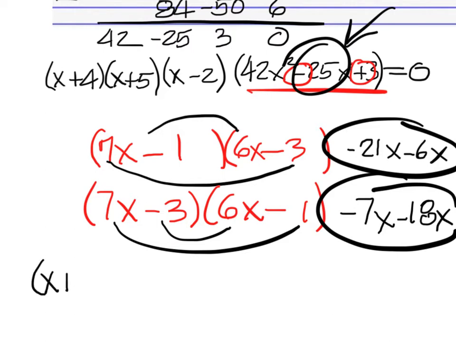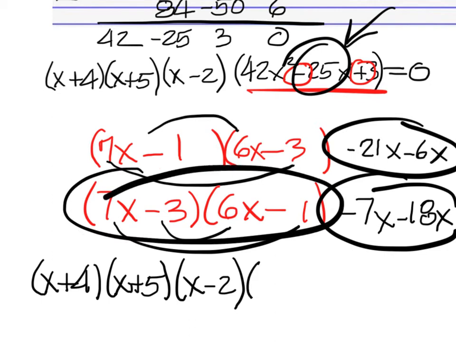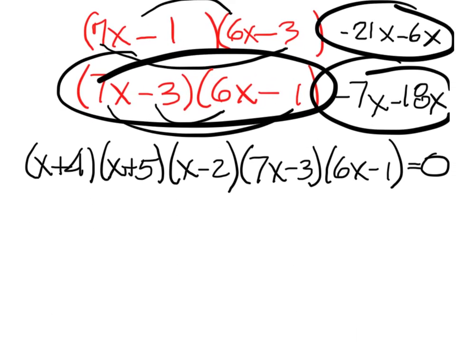Remember, we had x plus 4, x plus 5, x minus 2, and we just found this: 7x minus 3, 6x minus 1. And to solve the polynomial equation, you set each of these equal to 0 and solve for x. In the first three cases, it's pretty simple.